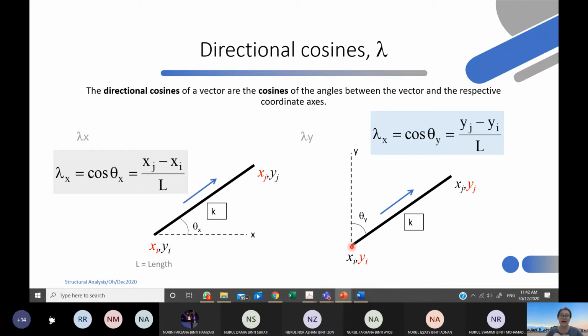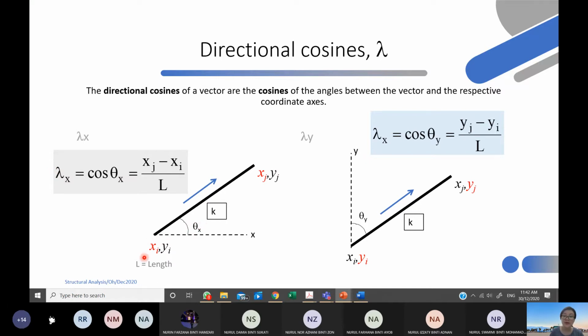But I would also like to share another method, which uses the coordinates, which I myself prefer more. For this element k, you write down the coordinate of the near end and the coordinate at the far end to get the lambda x. So this is nothing about theta x and theta y anymore.